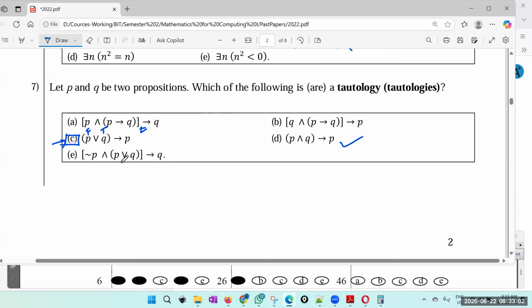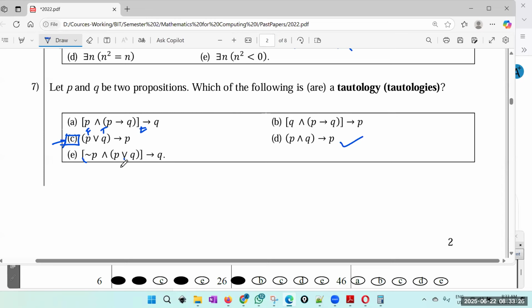What about this? Maybe P or Q. So that means P or Q has happened, and not P, P has not happened. If P has not happened and P or Q has happened, then Q must have happened. Definitely Q must have happened, right? So just use common sense, right?